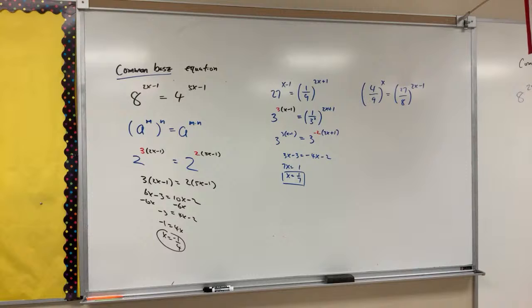Y'all know how to do it. 72. Oh, no, but it has to be a negative. Two-thirds to the negative third power. That's what he got. 9? So I might be right.